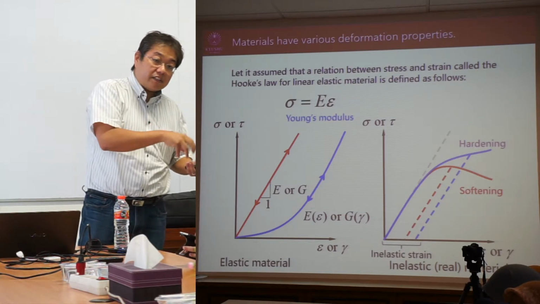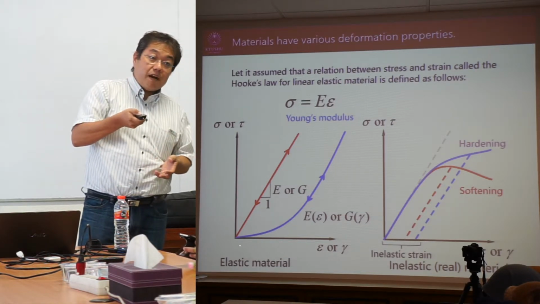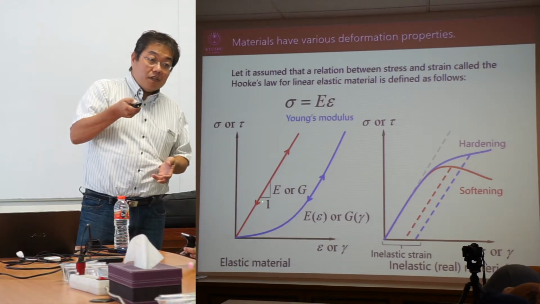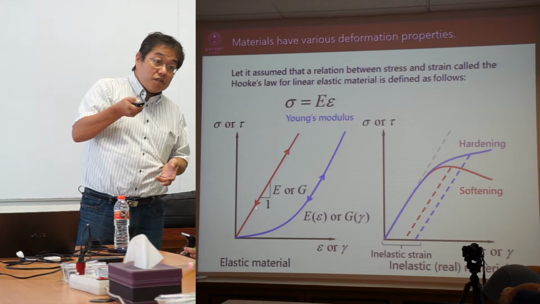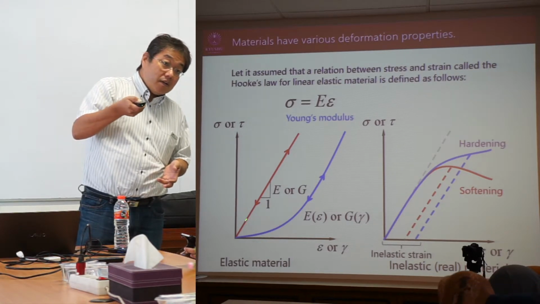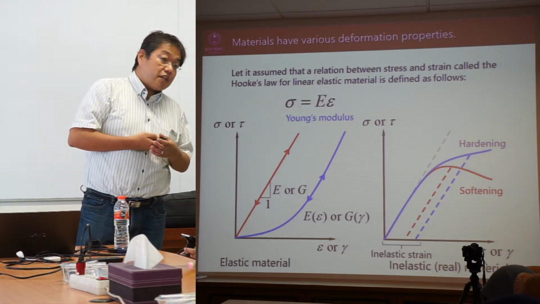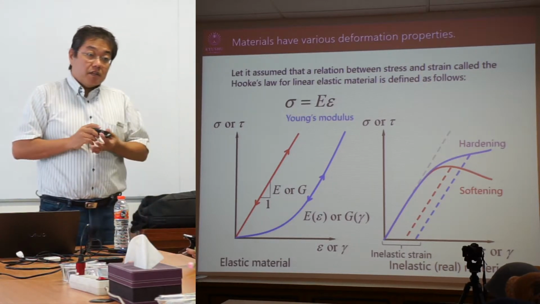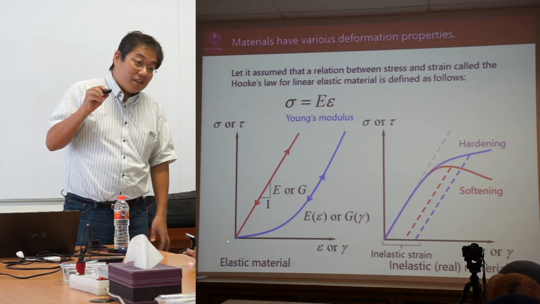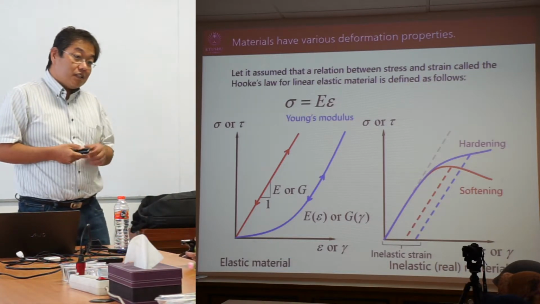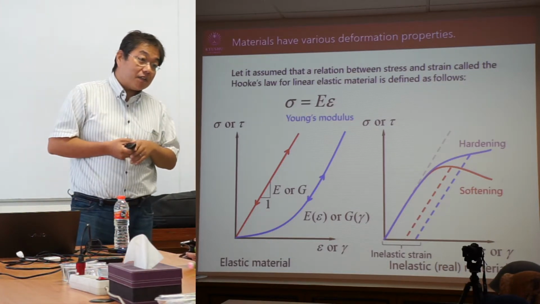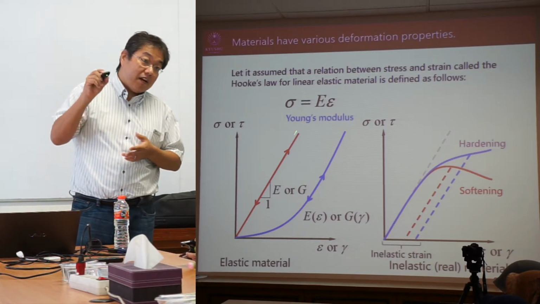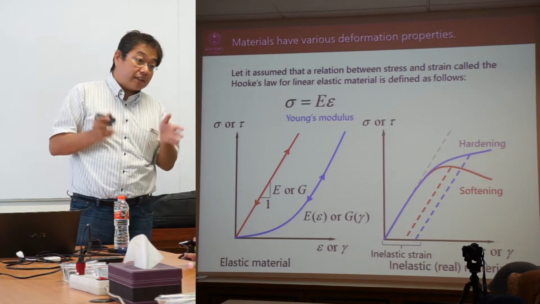So this is elastic. The stress is applied, so the deformation is like that, but when stress is removed, the deformation should recover or go back to the initial point. This is the meaning of elastic. Sometimes it is like that, and this is not elastic. This is something viscoelastic. Keeping the same line, going and back, this is elastic.